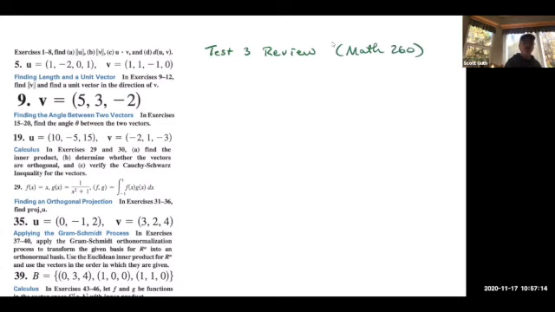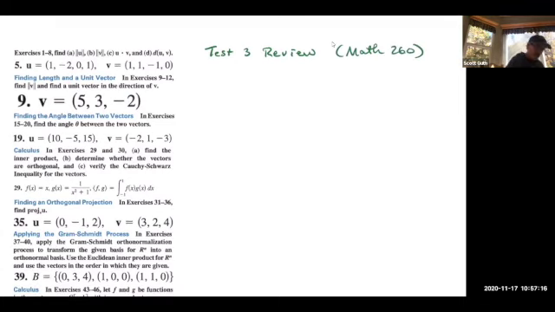I've got the problems here on the left. You can see number 5, we've got a list of things to do. I don't need to rewrite it.